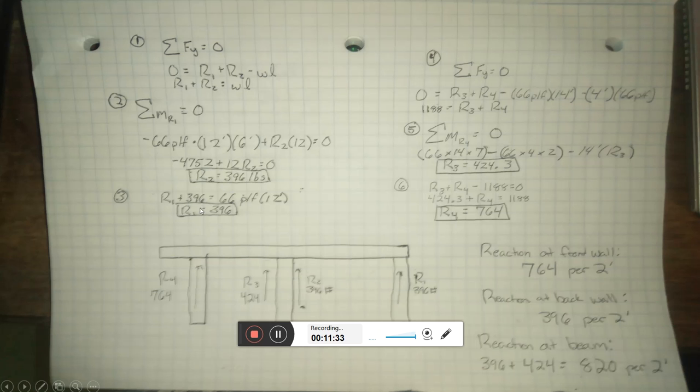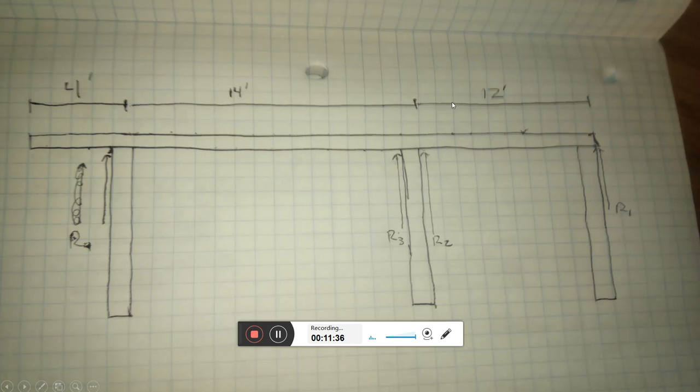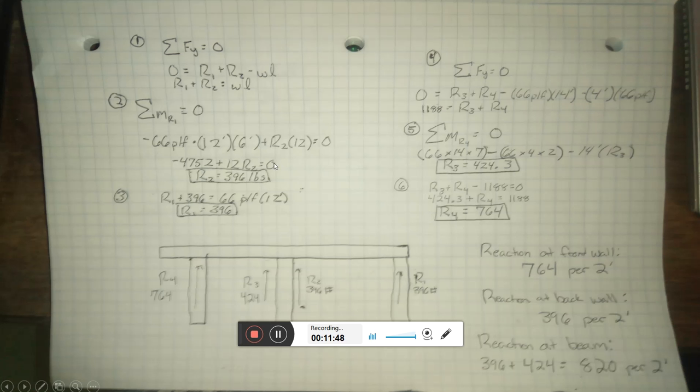So you get that by referring to the diagram. And so R1 carries half of this load right here because R2 carries the other half. So solving for that, you get R2 equals 396 pounds. After that, you can plug it back into the equation and you get R1 also equals 396 pounds.